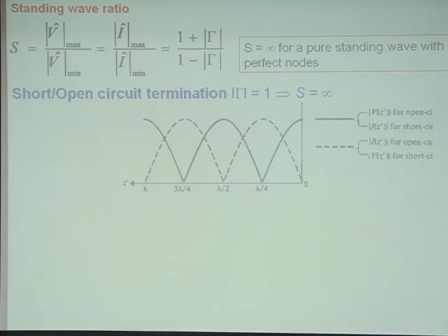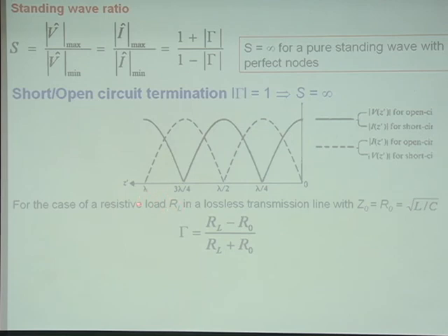Okay, well, 我们来看一下。Suppose that you have a resistive load. Okay. And on a lossless transmission line, your characteristic impedance now is equal to square root of L over C because R and G are equal to 0. Now, suppose we simplify the load impedance at the end of the line and make a resistive load right here.